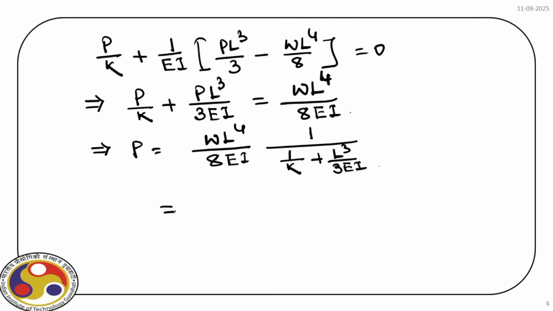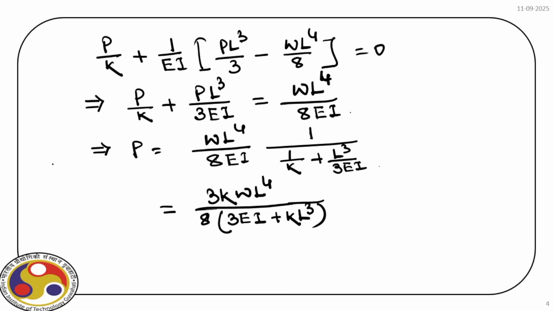So if we simplify it further, we get thrice K omega L to the power 4 divided by 8 times 3 EI plus K L cube.